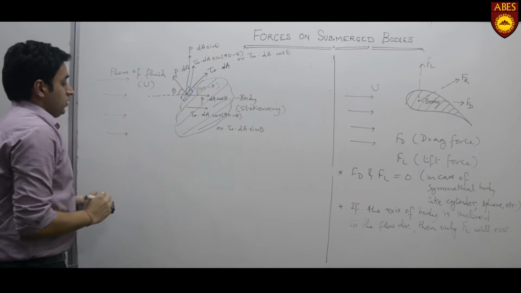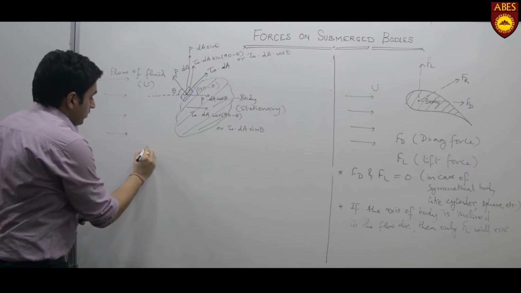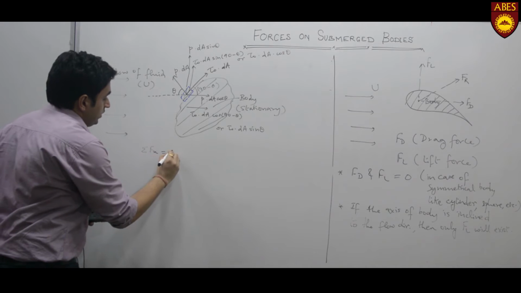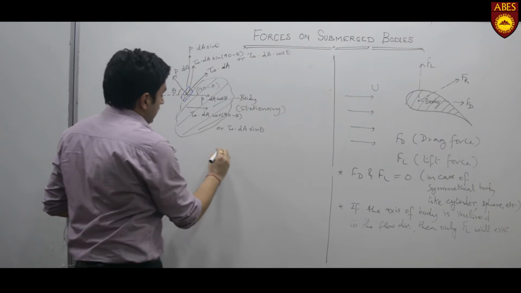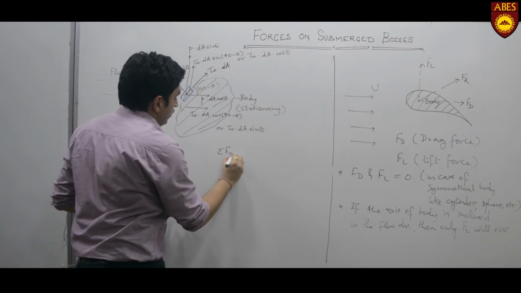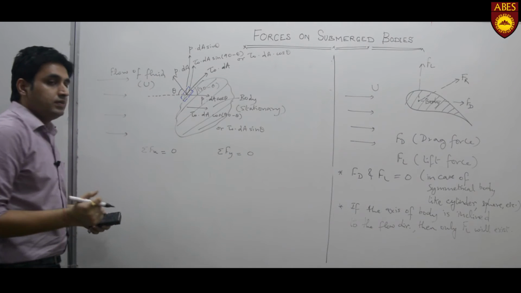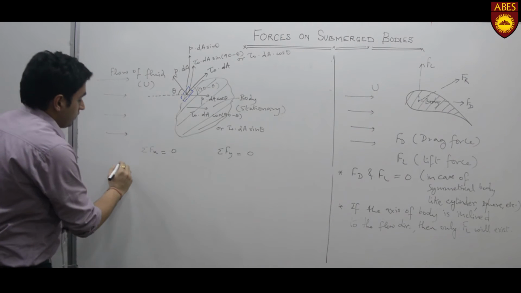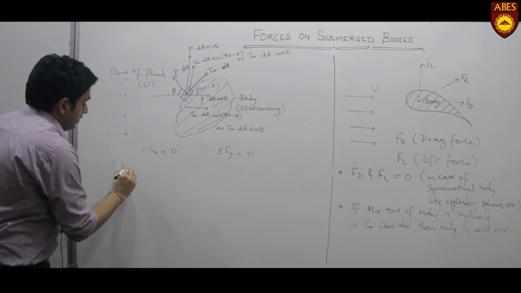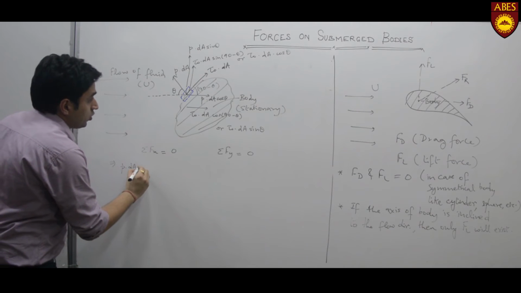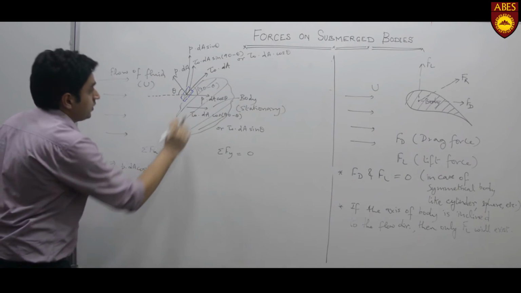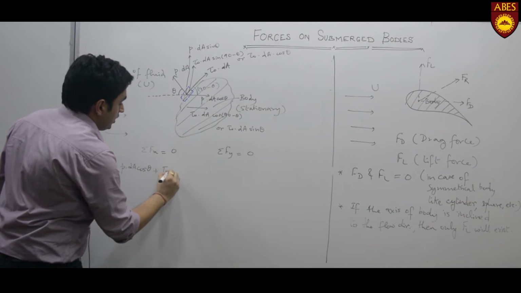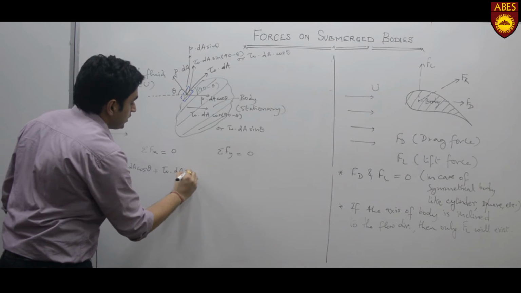Now in case of equilibrium, the total force in the x direction will be 0, and the resultant force in the y direction will also be 0. What are the forces in the x direction? It is P dA cos theta plus tau naught dA sin theta.